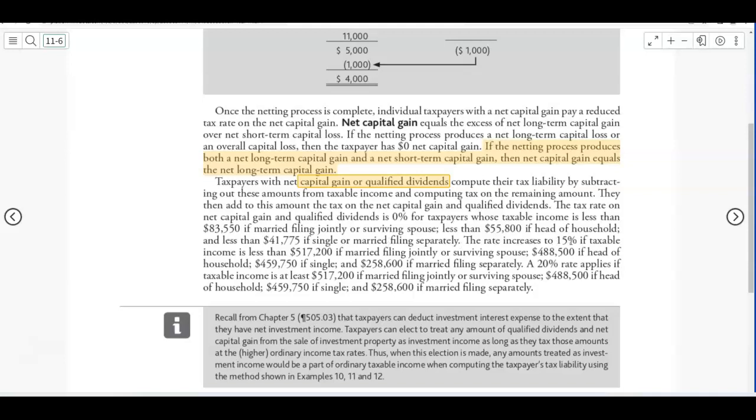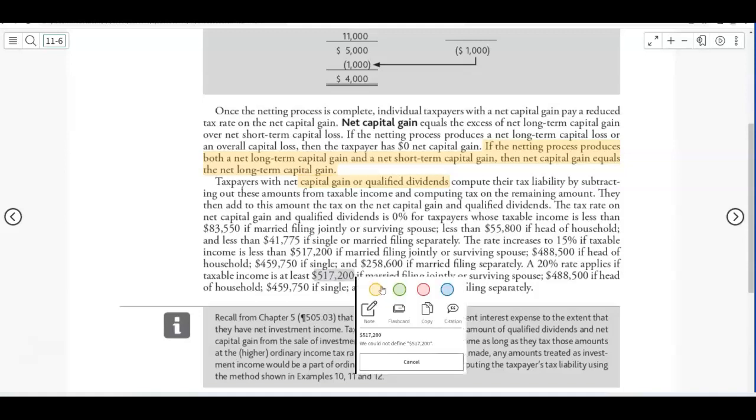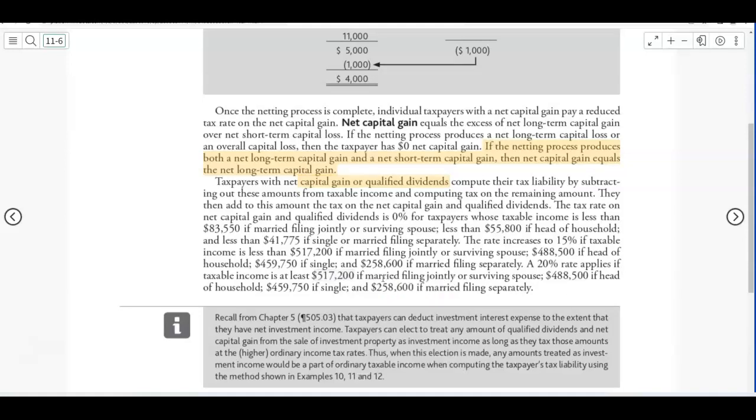The rate increases to 15% if you have higher income, and the maximum again is 20% if your income is more than $500-something thousand. And that changes every year, so I don't suggest memorizing this. As long as you know 0, 15, and 20, that's enough.